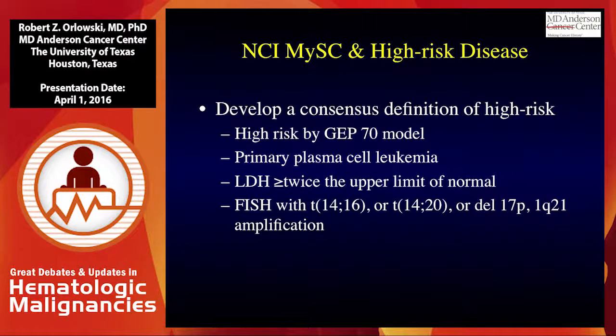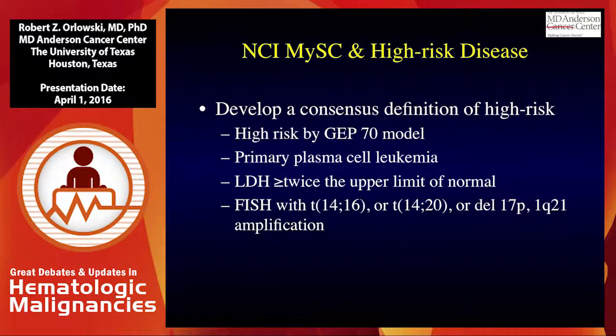So just for your own reference, this is one of the consensus definitions for what is high risk, used in the SWOG study, which currently is RVD plus or minus ELO. The next version, which is going to open later this year, is KRD plus or minus DARA. The definition is high risk by any of the GEP models that are out there, although the 70-gene is what you can do commercially.